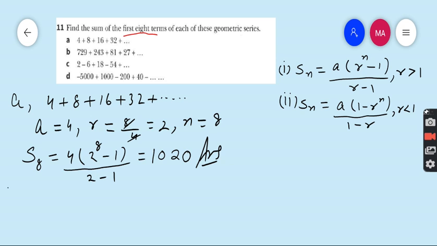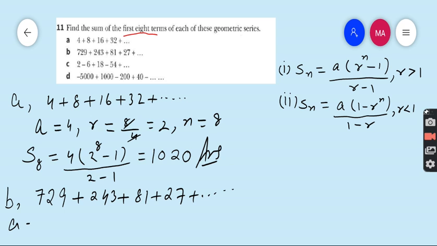Now do part B. 729 plus 243 plus 81 plus 27 and so on.